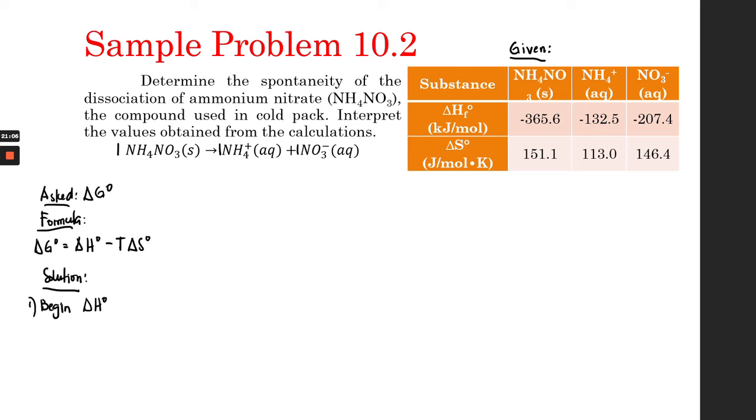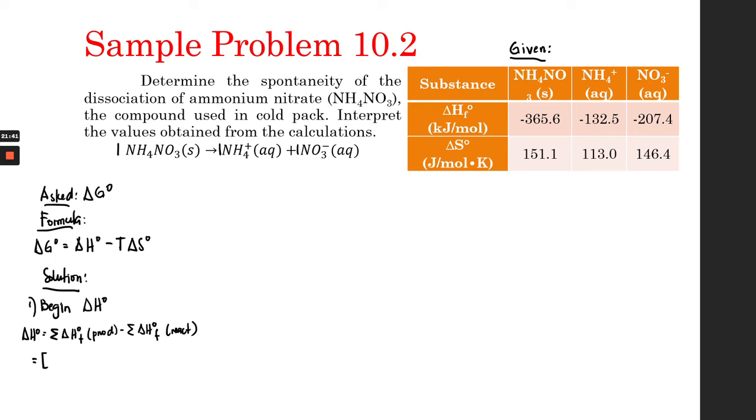And you can use this by still using the same equation of basically delta H is equal to the sum of all the delta H of formation for products minus the sum of all the delta H of formation of the reactants.